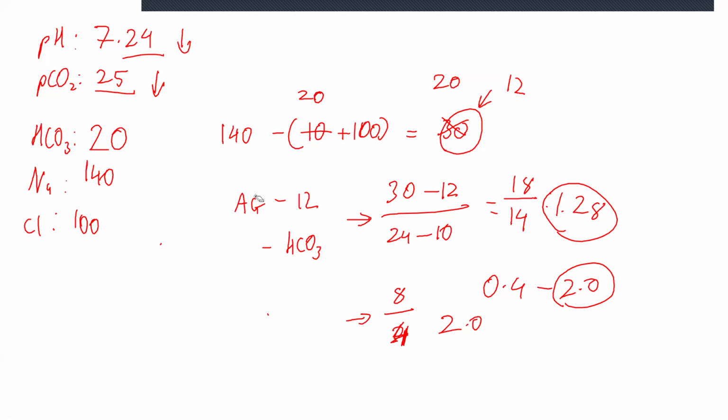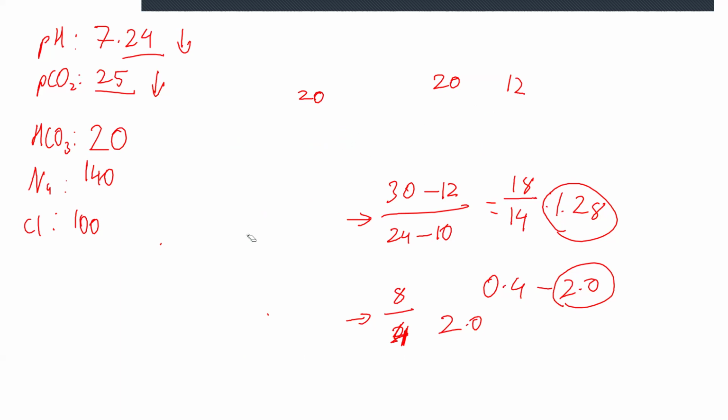Now, just for the sake of the example, let's calculate if they have an appropriate compensation. Okay. So again, we have a pH 7.4, PCO2 25. In our second example, we said the bicarb was 20.